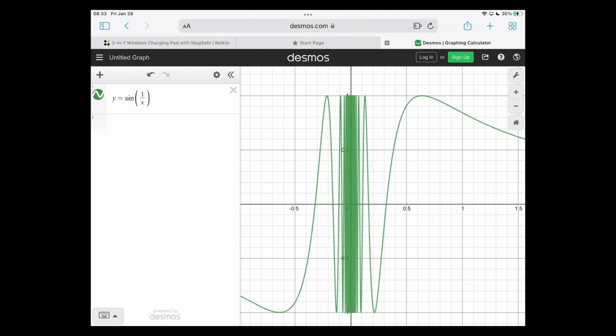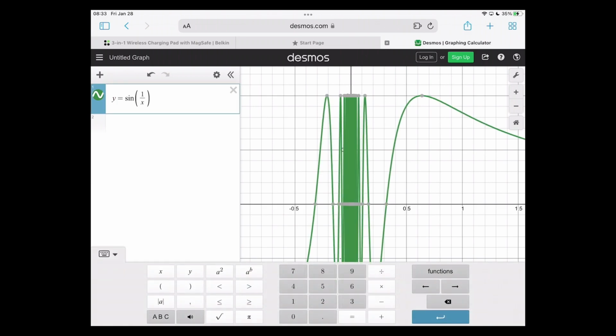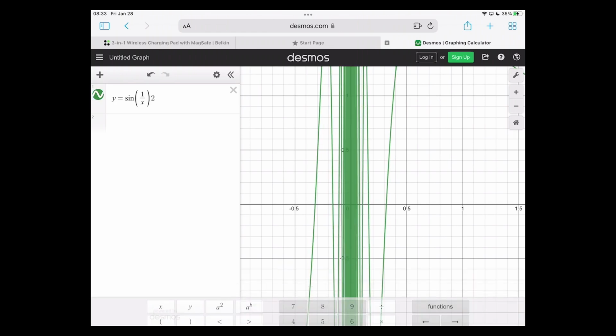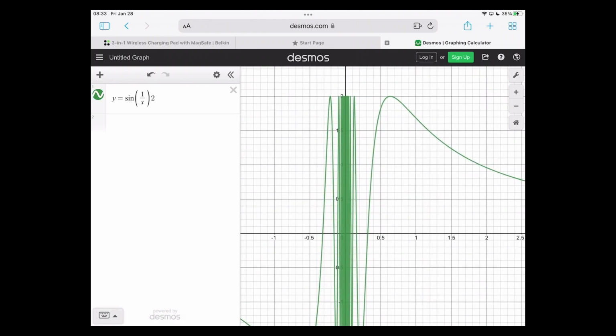There we go. It's a little bit obscured here, and I want to do 2 times that because of the scale. So you picked the point 0, and you also picked the viewing window up and down by 0.5.